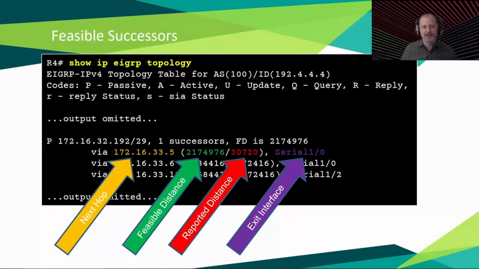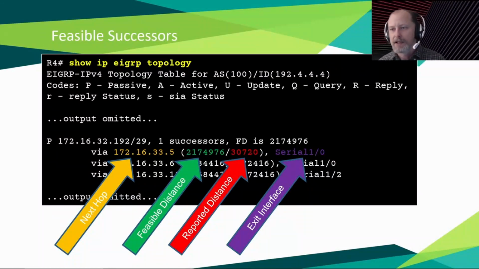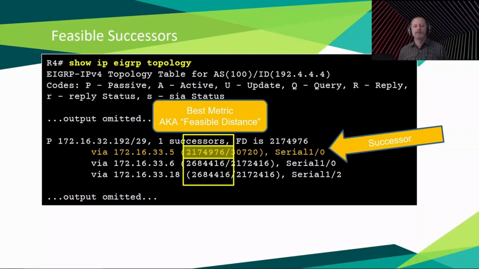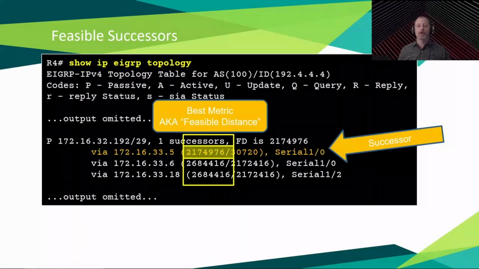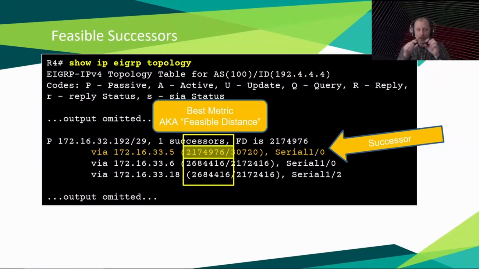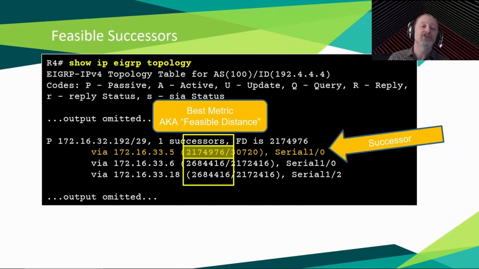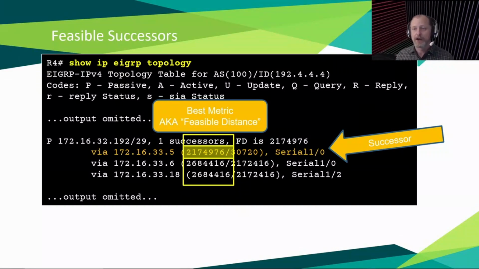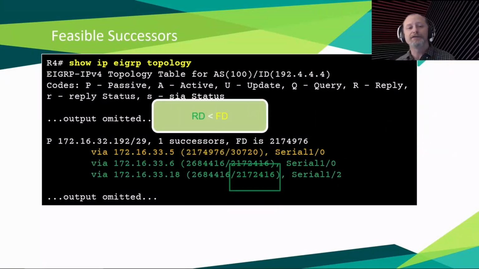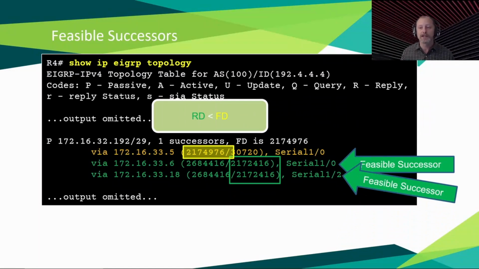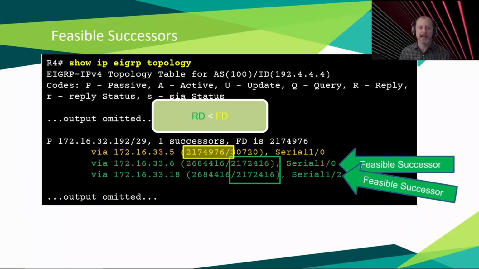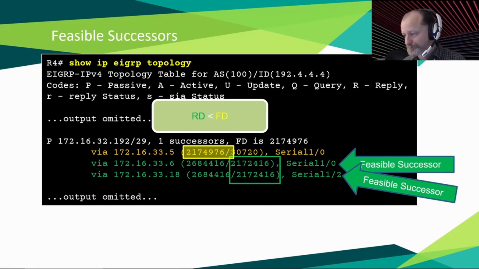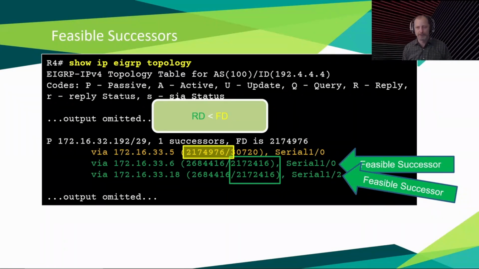So that's our distance or metric, okay? The best metric of these routes becomes the successor or the best route. So that route now becomes our measurement that we're going to measure against to see if the other routes will be backup routes, okay? And those other routes will be feasible successors if the reported distance of those neighbors is less than our feasible distance, okay? Hopefully you remember all of that from last week.